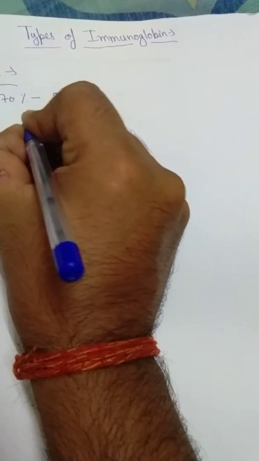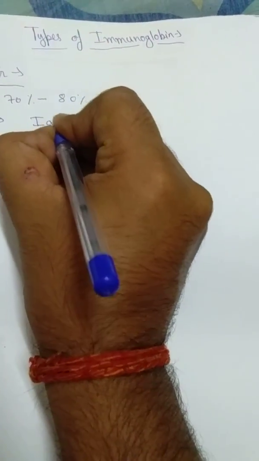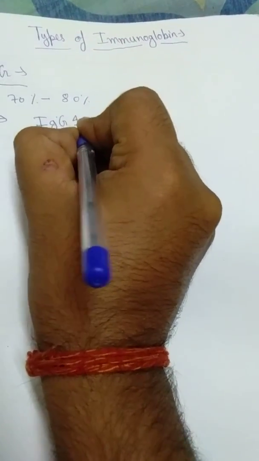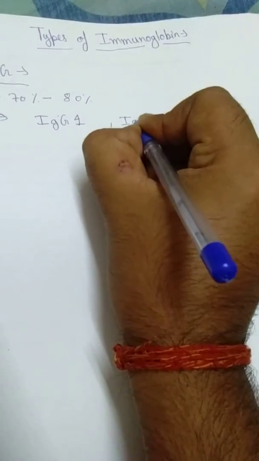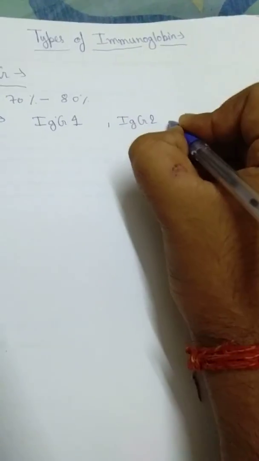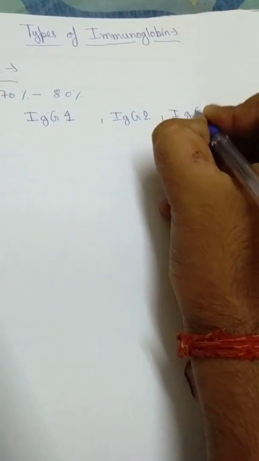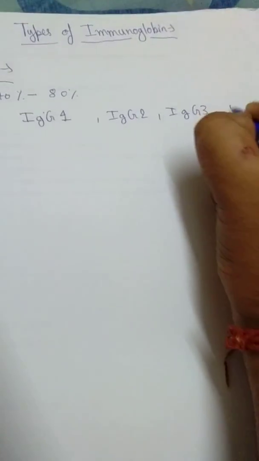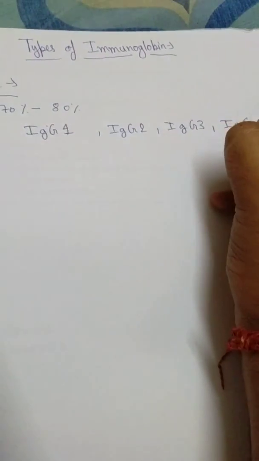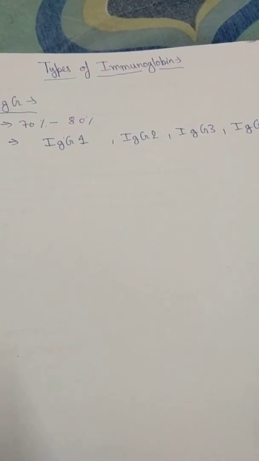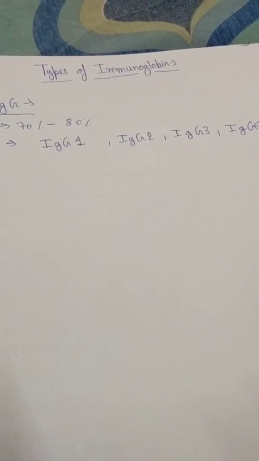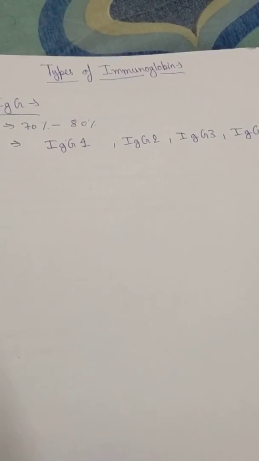There are four classes of IgG: IgG1, IgG2, IgG3, IgG4. There is a slight variation in the CH3 domain, which is why IgG is classified into four parts.